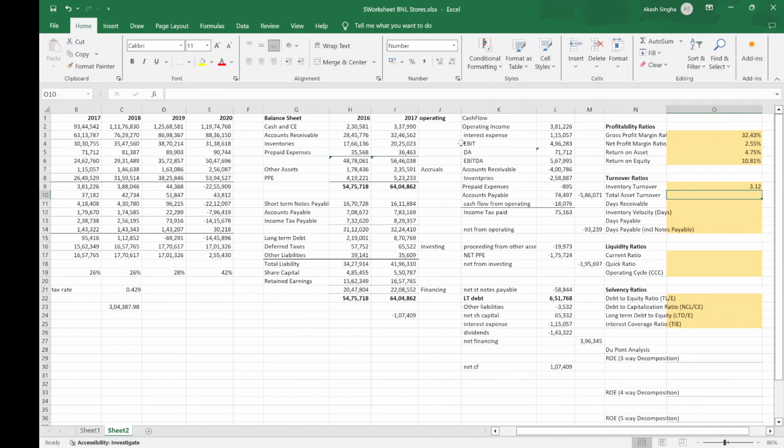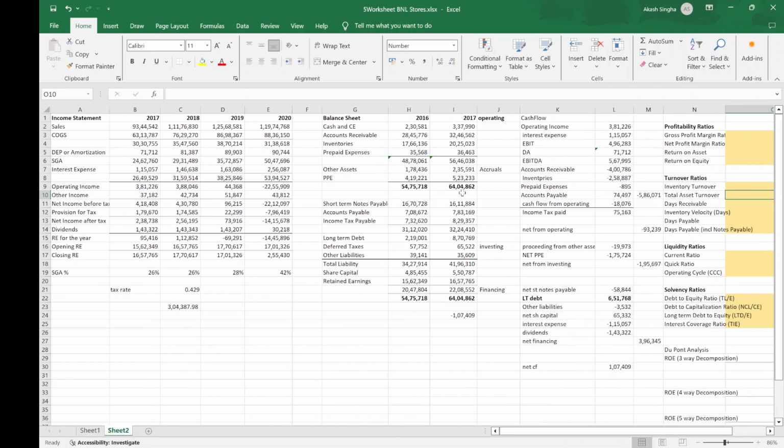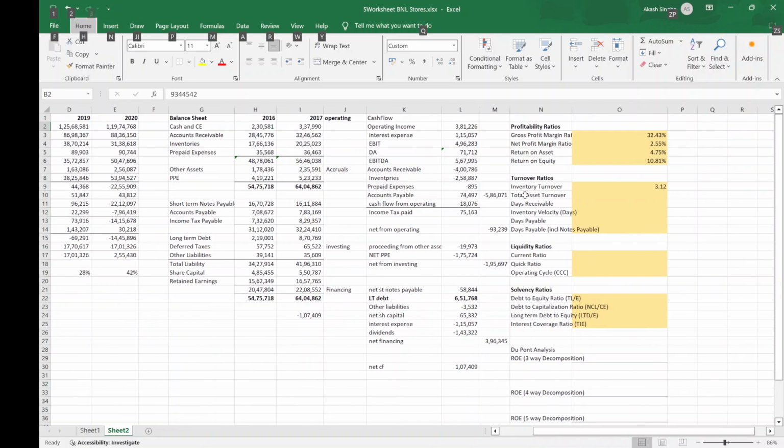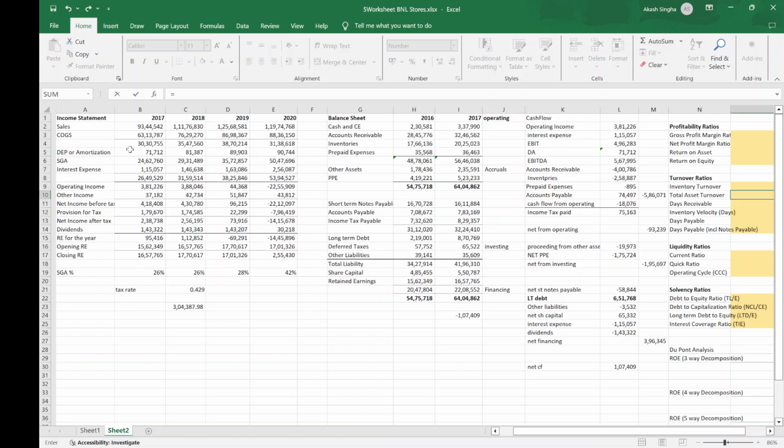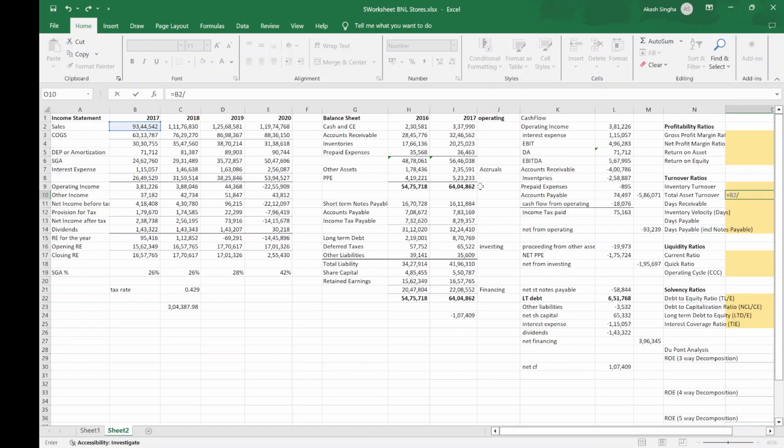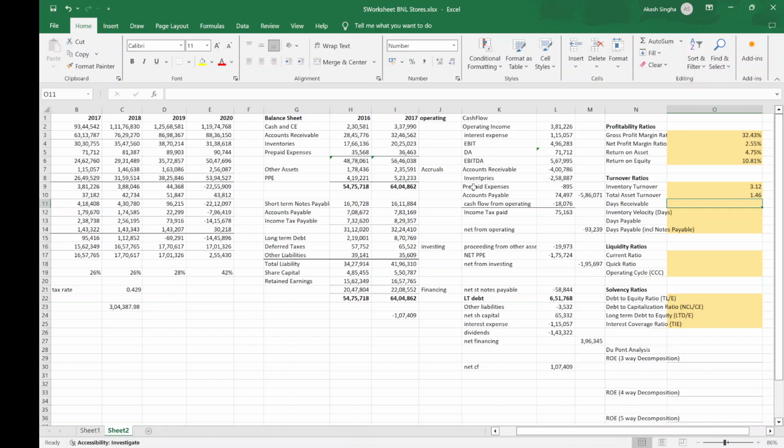Total asset turnover is turnover by total asset. 1.46, is it? Yes.